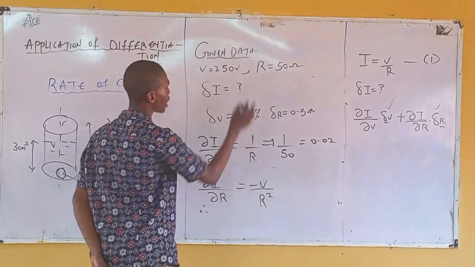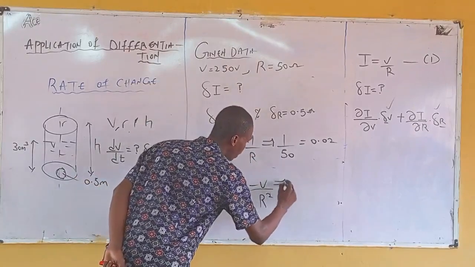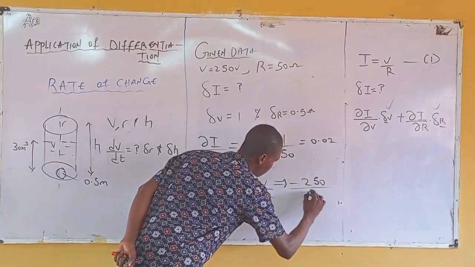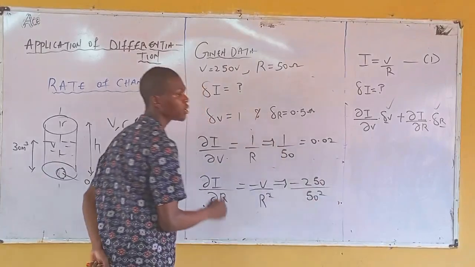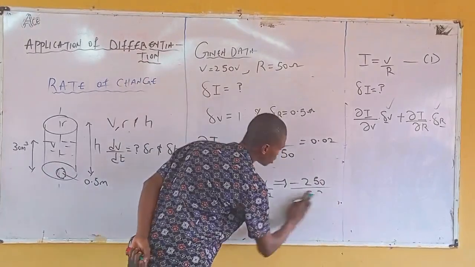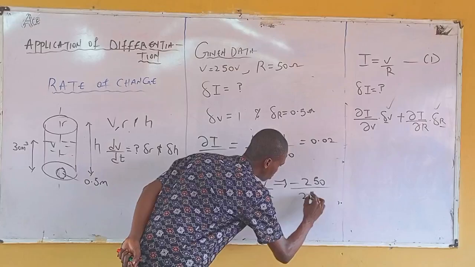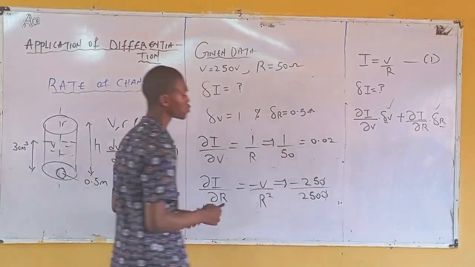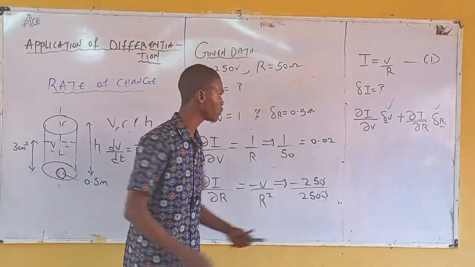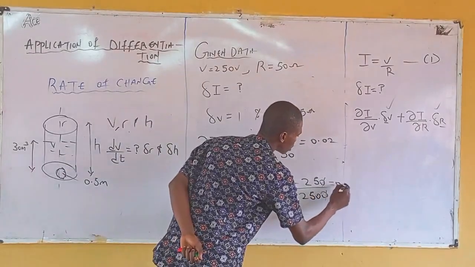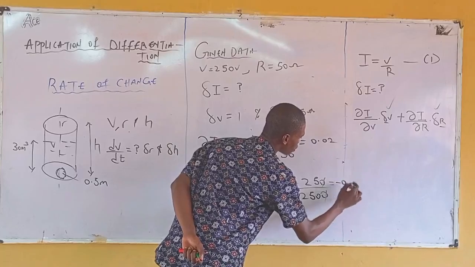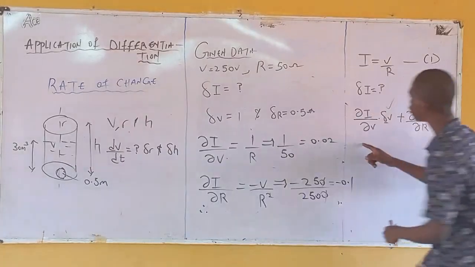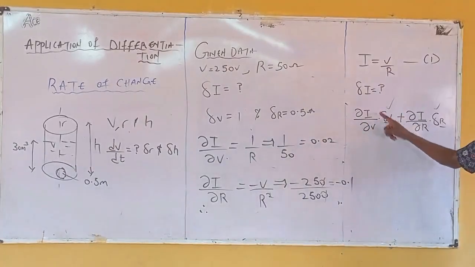Substituting the value of v and r given from the question, it implies that negative 250 over 50 squared, meaning 50 times 50, and that's what? 2500. This cancels this, right? What do you have? Negative 25 divided by 250, and this is what? Minus 0.1.